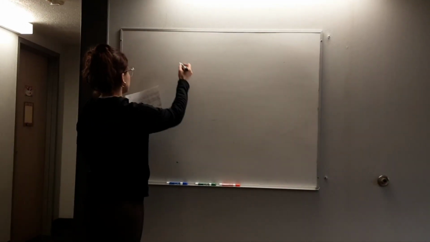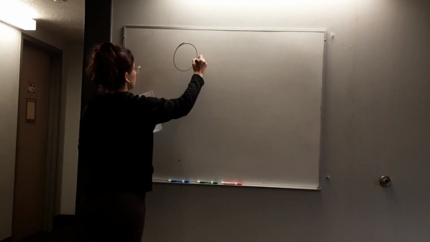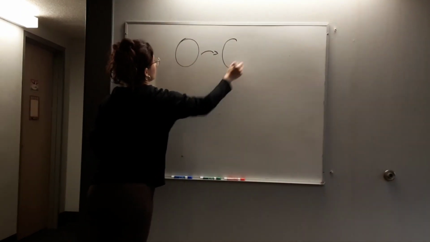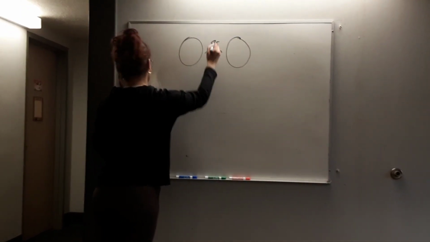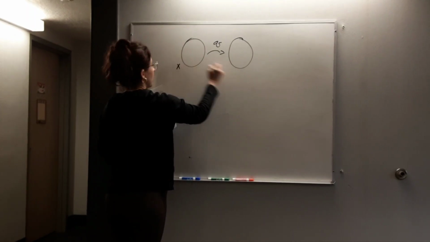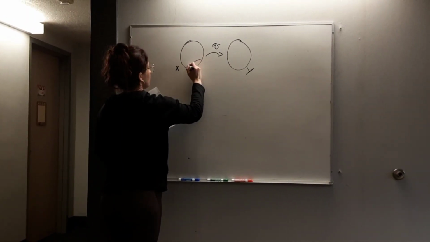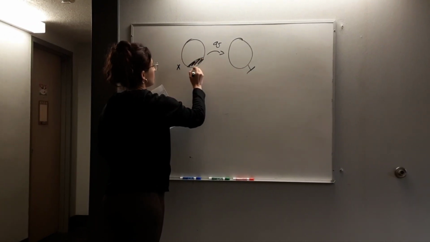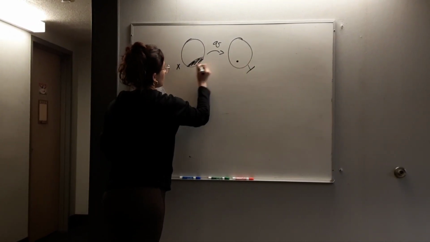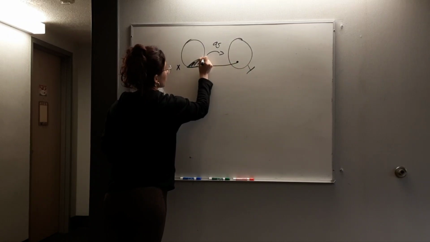So, as we know, let's draw a picture of what it means to be a surjective function. So this is our q, and we're going from x to y. We're going to take this part of x, and it's going to map to a single point in y.